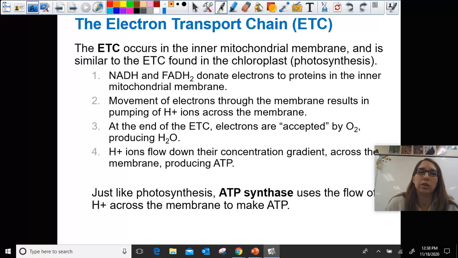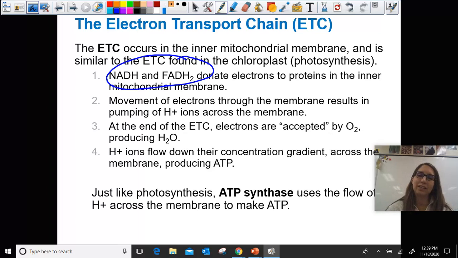So we use our energy carriers right here, my NADH and my FADH2. Their role here is going to be to donate electrons to the proteins that sit in the inner mitochondrial membrane as part of the ETC. Those energized electrons move through the membrane and the proteins there, and that allows for the active transport of hydrogen ions, or the pumping of hydrogen ions across the membrane.